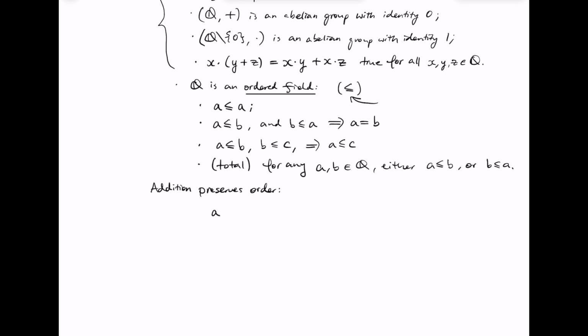If you have two elements, A and B, we know they're comparable. So let's say that A is less than or equal to B. And now you decide to add to both sides another number C, right?